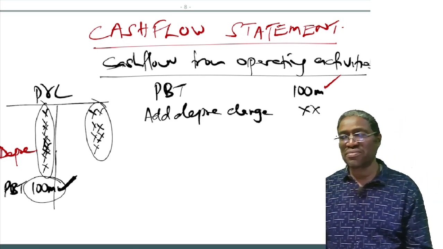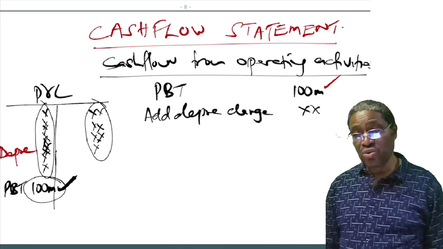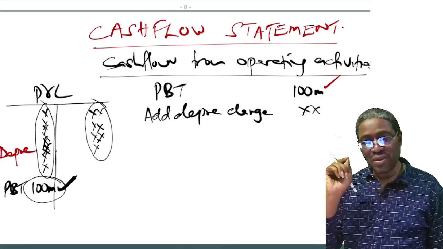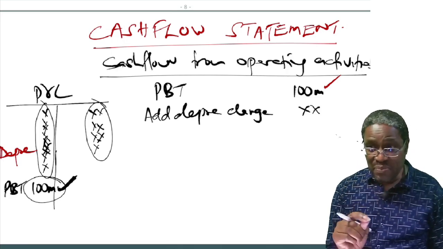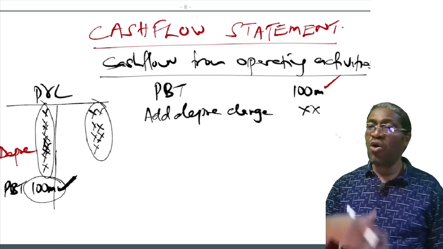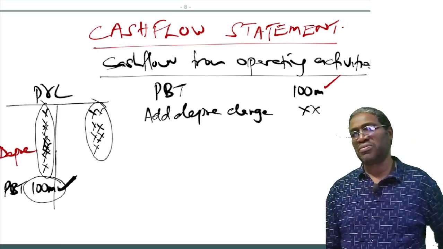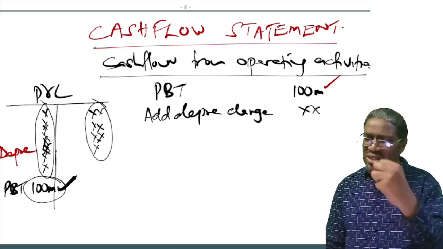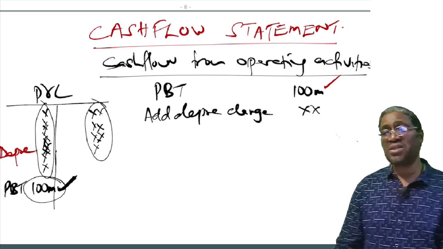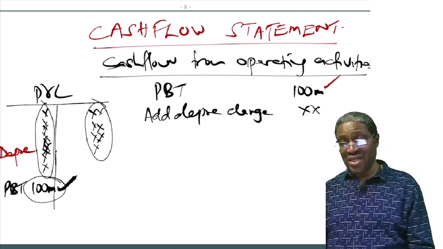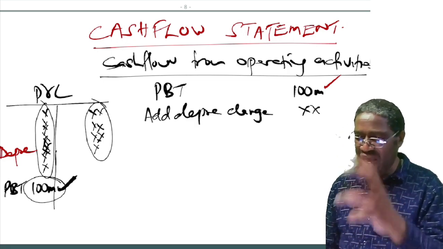Expenses you know which are not cash items, but they normally go to the P&L account, debited with an expense, yet it is not a cash item, so that we use it to adjust this 100 million we are classifying as our profit. What other example of non-cash items do you have?